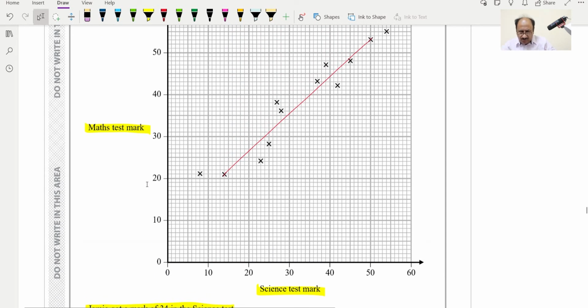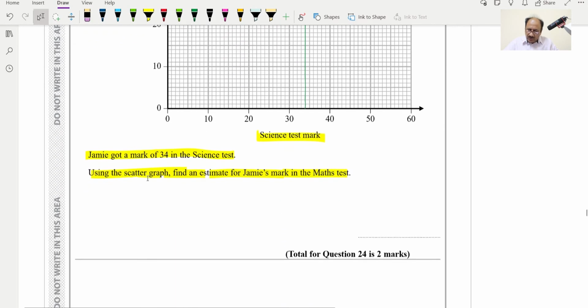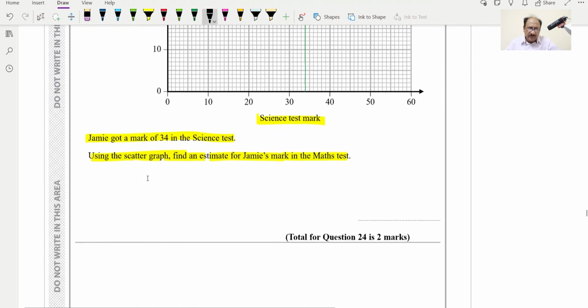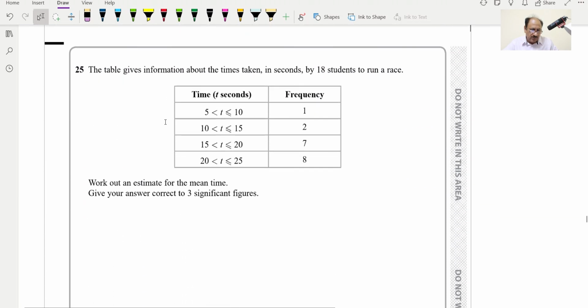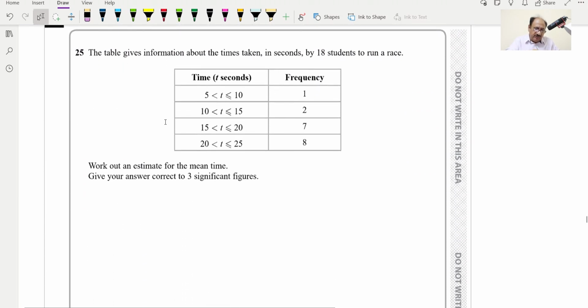We will check the reference for 34, and the reference for 34 is like this one, and similarly we can check the reference for the math marks, and this will be 39. So our answer will be 39. This was an estimate, so the answer to this question is always a range, so don't worry, but you will have to do it accurately. Now question number 25.